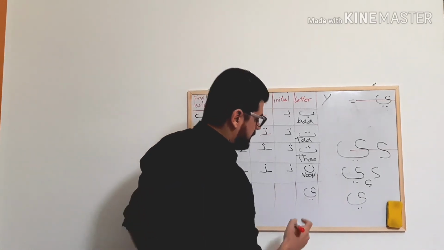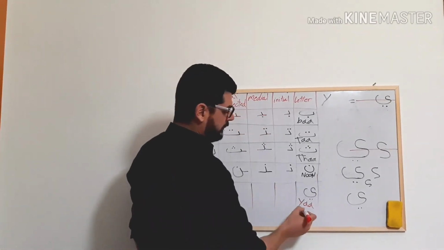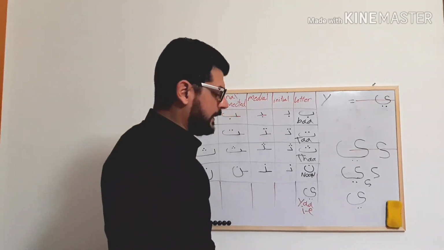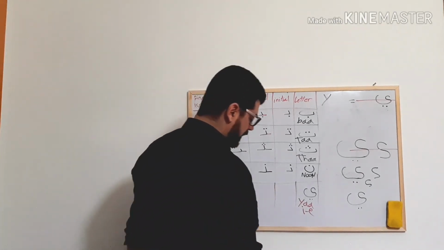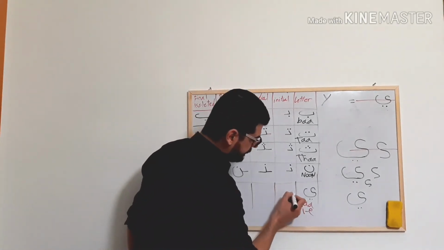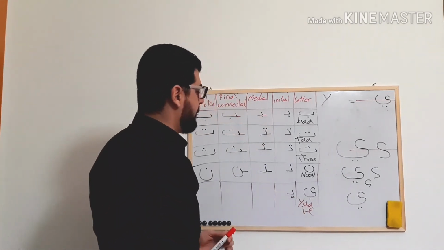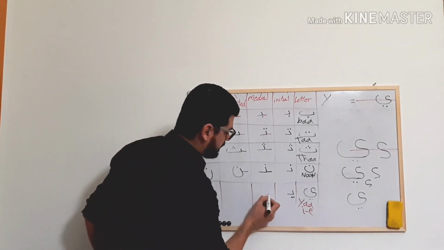Its name is ya. Very important. It's not I, it's not A. Okay? At the beginning, okay? So I can make this here. At the middle it must be like this.